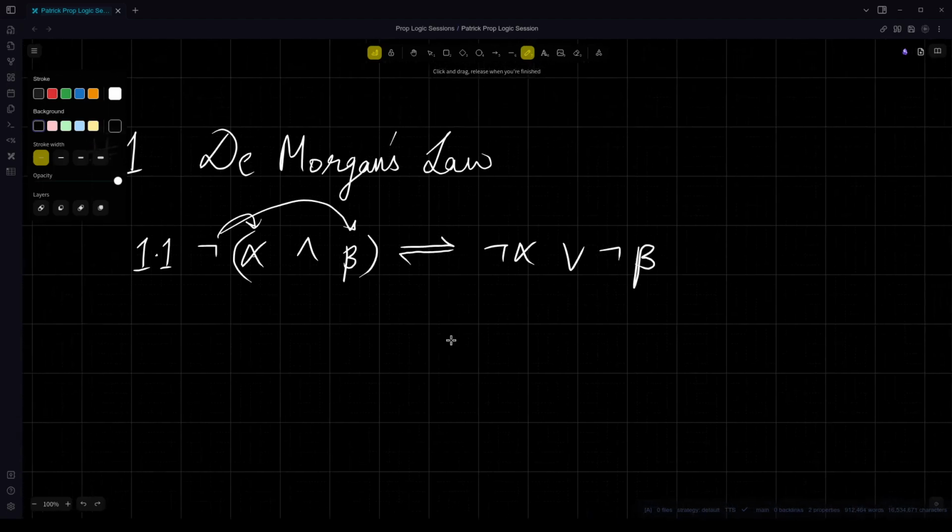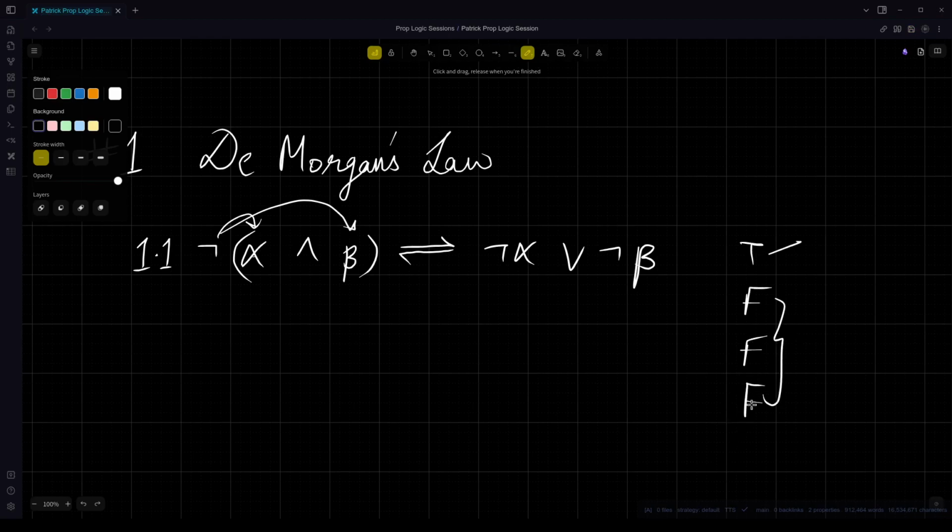So as long as one of alpha or beta is false, then the one on the left-hand side will be false, right? Think of the conjunction table. This is the table for conjunction. It's only true when both of them are true. Whenever the first one is false, it is false. The second one is false, then it is false.